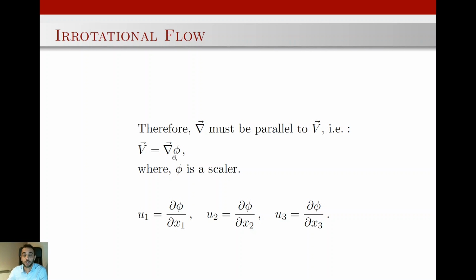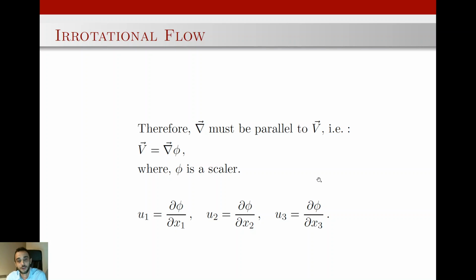Notice that we could also write this v being equal to minus nabla phi. So that would make no difference, but we are going to move forward with the plus sign, where phi is a scalar. Therefore, we can write u1 as d phi dx1, u2 as d phi dx2, and u3 as d phi dx3.